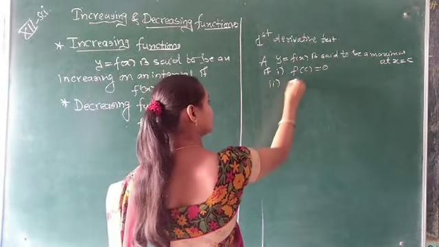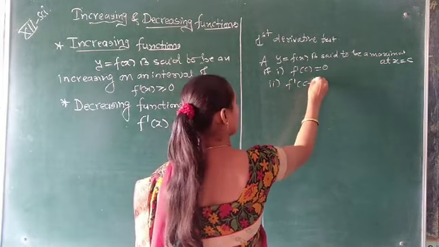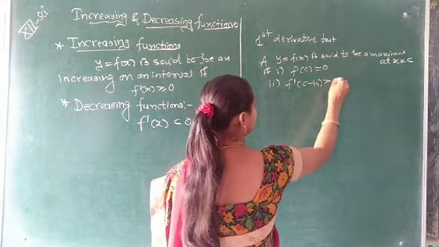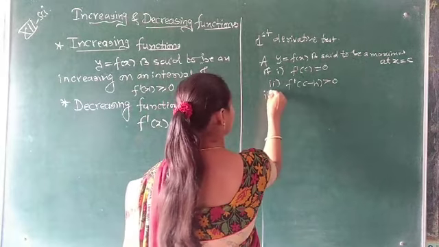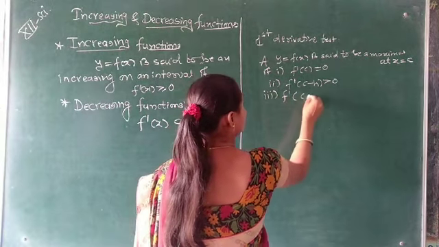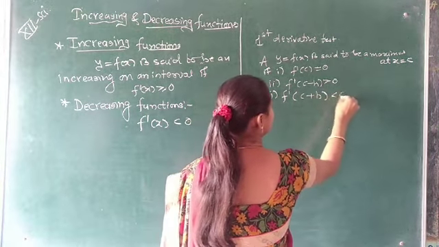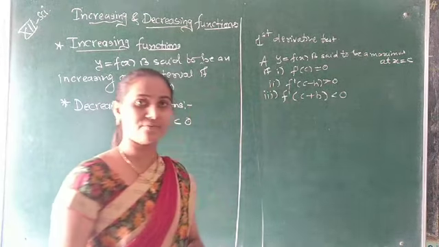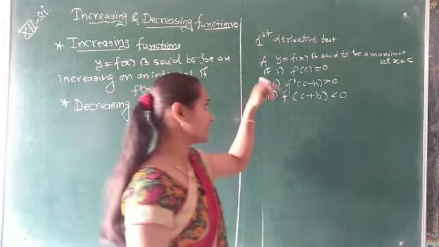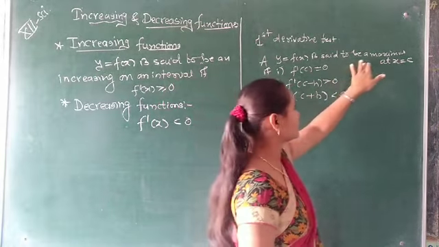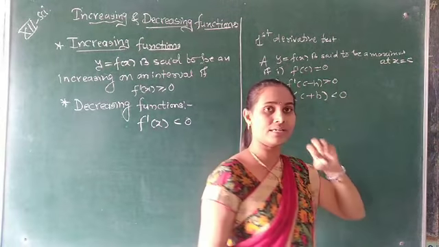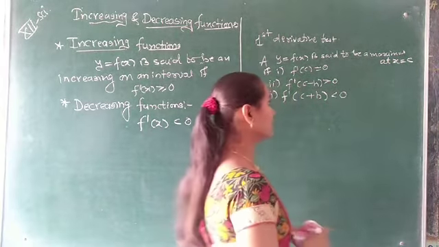Second, f dash of c minus h is greater than 0, where h is a very small number. Third, f dash of c plus h is less than 0. If our function satisfies these three conditions, then we say that the function f of x has a maxima at x is equal to c.